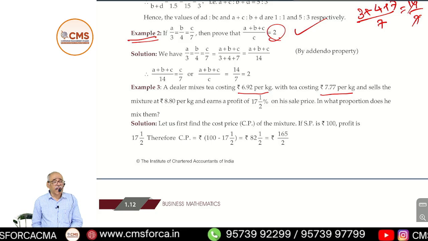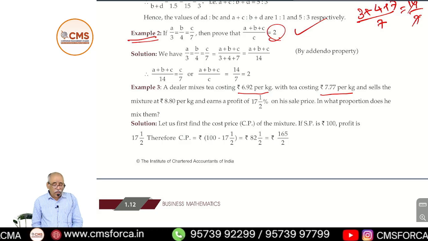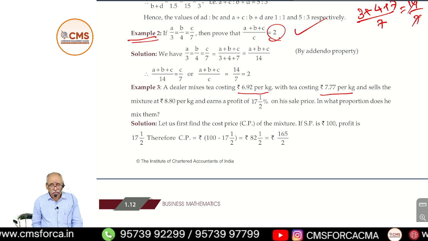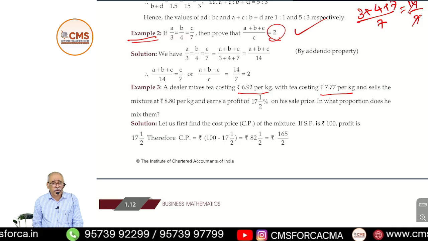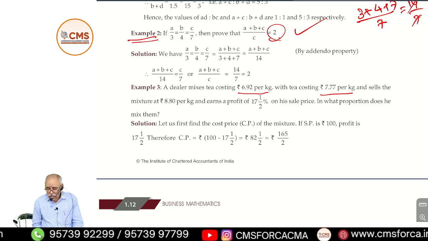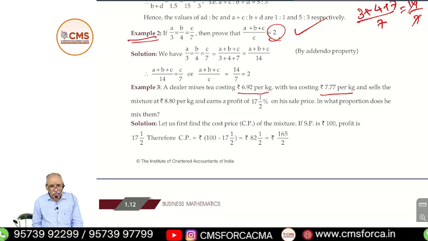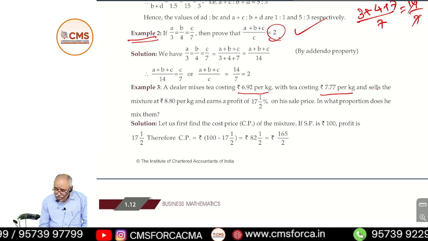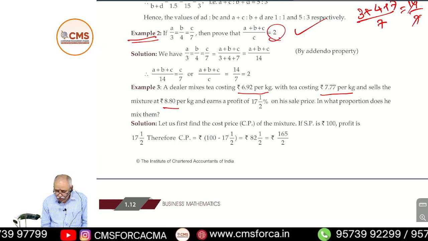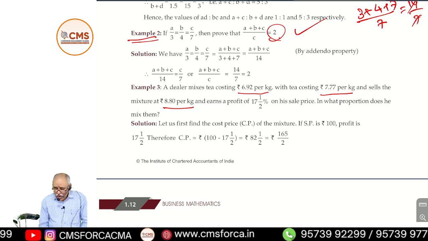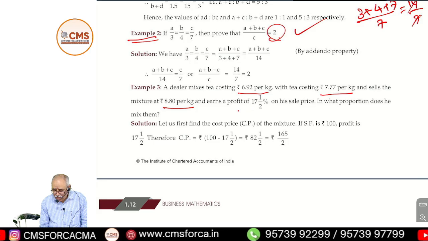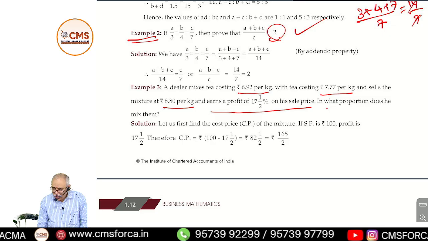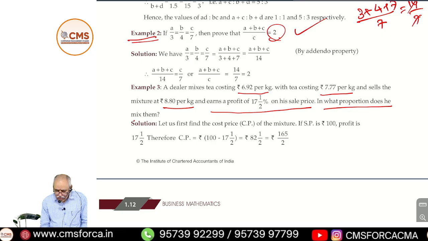You have to understand it as tea powder. A dealer is selling two types of tea powders. First one costs 6 rupees 92 paisa, second one costs 7 rupees 77 paisa. He mixed both.